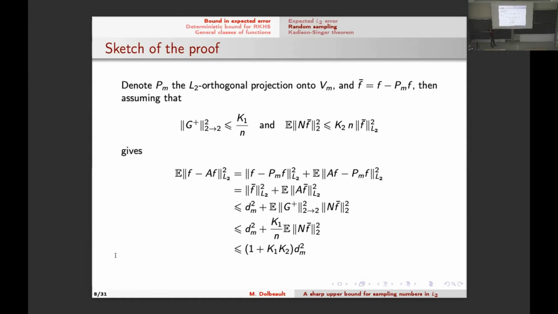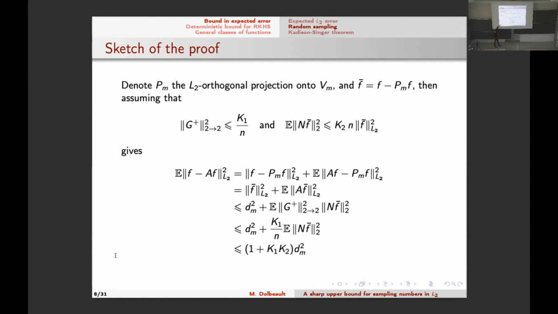So I need the inverse of G to be well conditioned, otherwise I get instabilities. And the other part is that I want the discrete norm of the discretized function to be close to the continuous norm. And I apply it not to the function f itself, but to its residual.